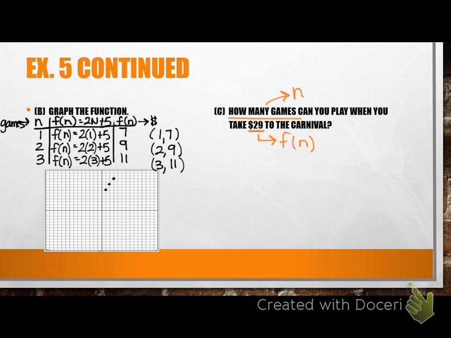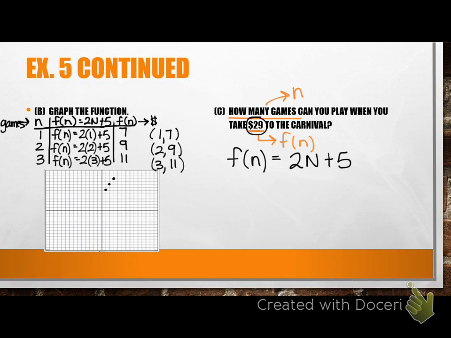The games is represented by the variable n. The money, the $29, is represented by the f of n, the Y. So we write down our formula, which we found in part A. What was our formula again? f of n equals 2n plus 5. And we are given $29.